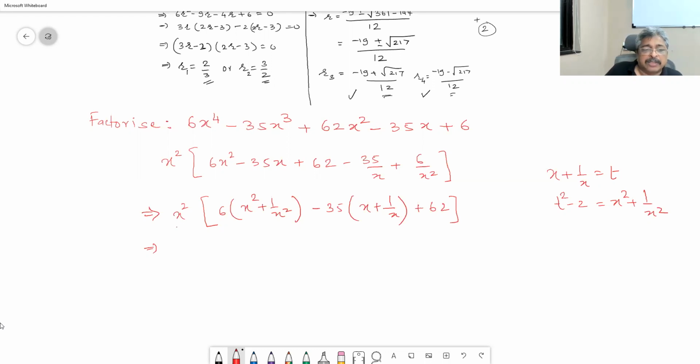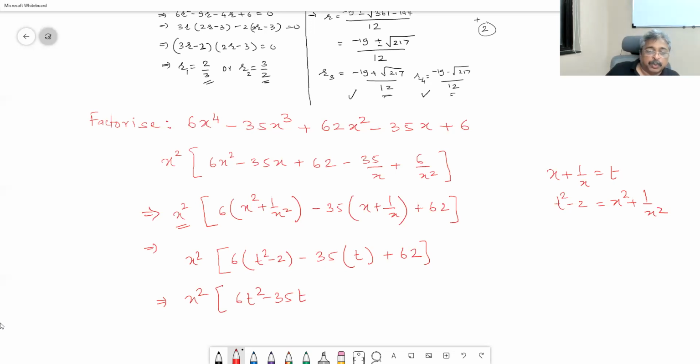We are not substituting this outside x in terms of t, unnecessarily, and therefore we will deal with the inside bracket: 6 into t square minus 2 minus 35 into t plus 62. Keeping x square outside, it is 6t square minus 35t, minus 12 plus 62 is plus 50, and this should be a good quadratic equation.